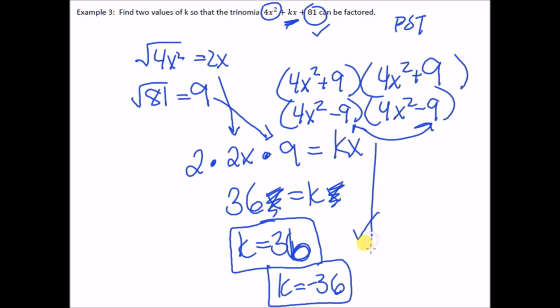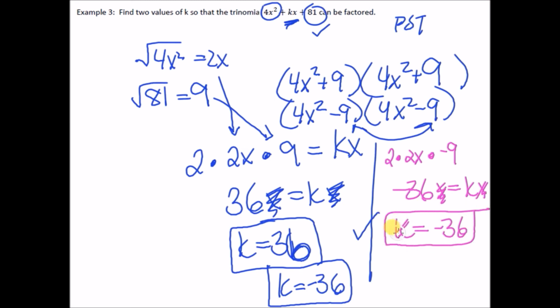But this time, what we can do is 2 times 2x times negative 9. And we're going to get negative 36x this time. So k can also equal negative 36. There are two numbers that make this trinomial factorable.